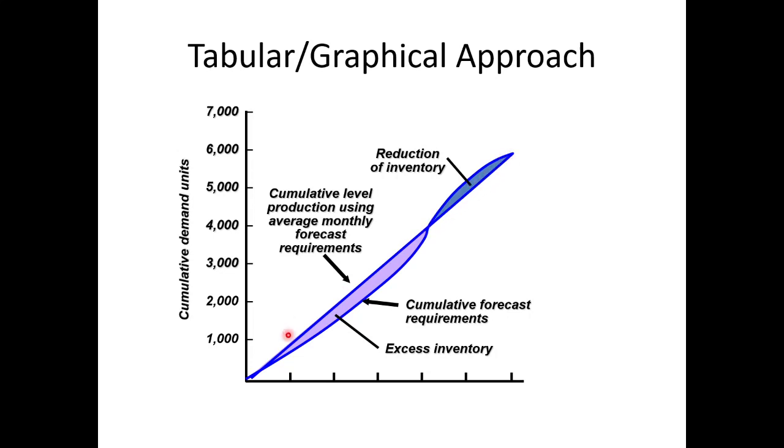As you notice in this example, there are some periods in which the cumulative forecasted demand has values that are lower than the cumulative production capacity level, and there are some periods in which the opposite happens.